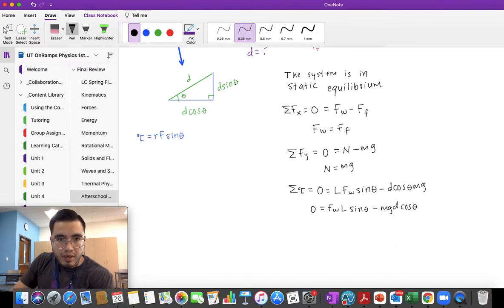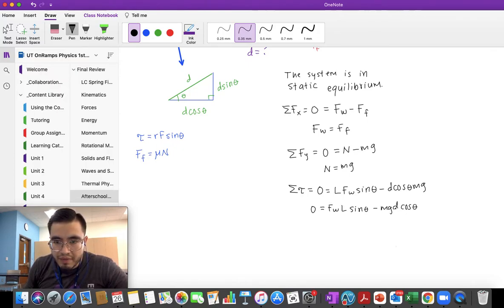Okay, now one thing we have to remember is we know the equation for force of friction, which is coefficient of friction times the normal force. So now instead of writing force of the wall, we can write the force of friction because they're equal. So then it'll be, now I'm going to move this one to the left.